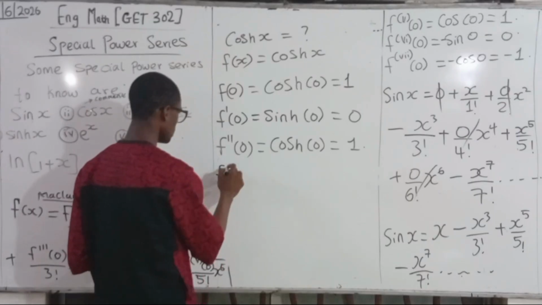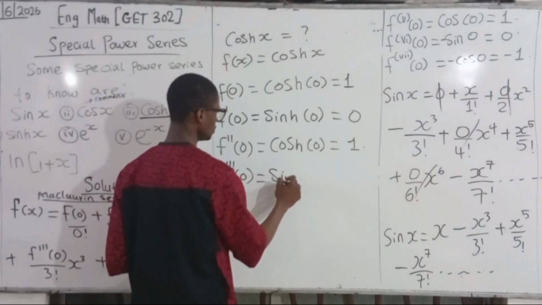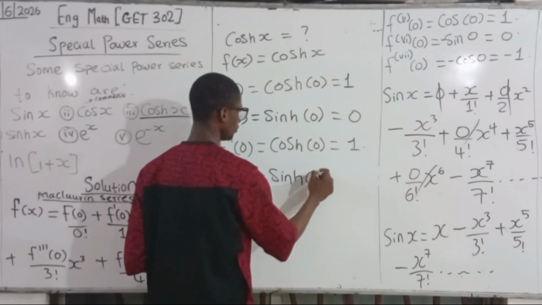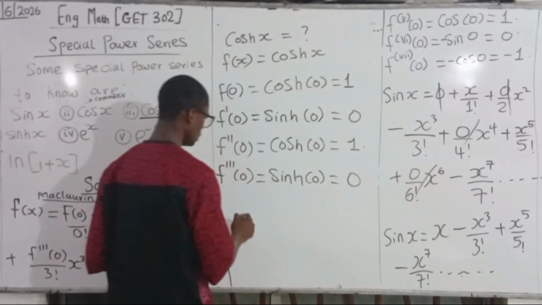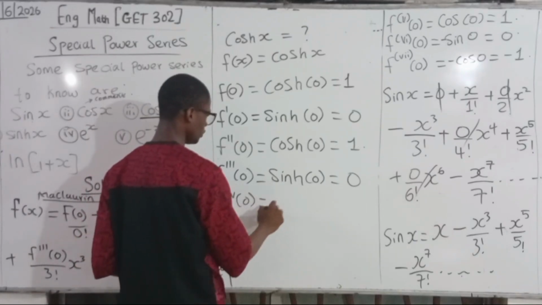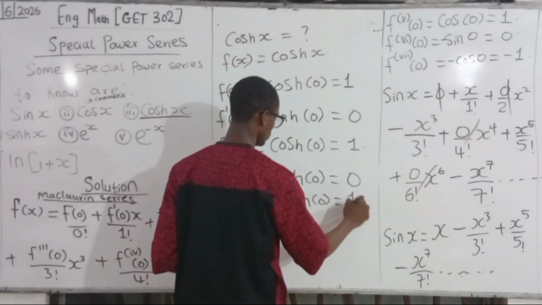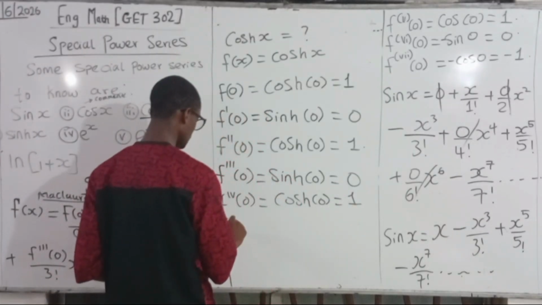So f triple prime of 0 should give you sinh 0, which is 0, and f fourth derivative of 0 should give you cosh 0, which is 1, and it will keep alternating that way.